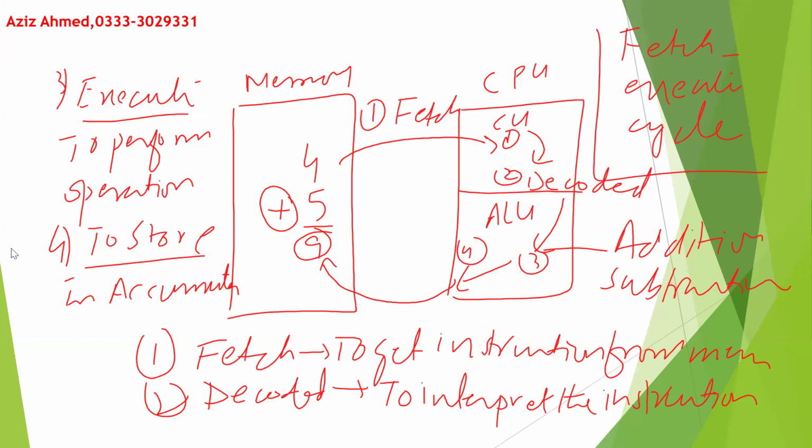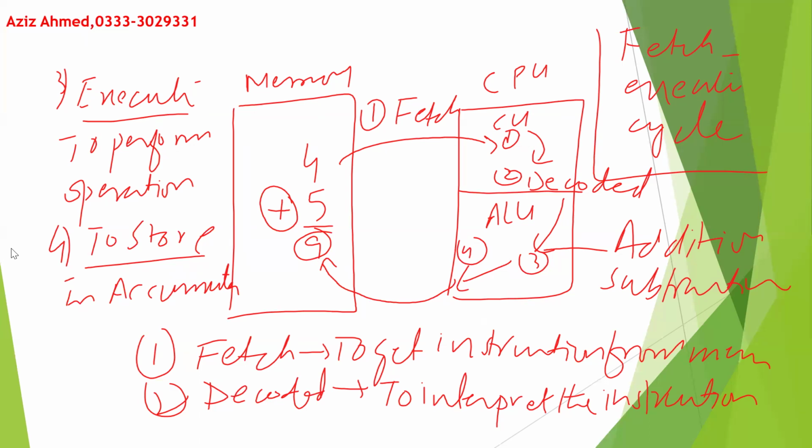Yes. Fetch means getting the instruction from RAM. The instruction given by the user is always stored in the RAM. And the CU part of the CPU will get the instruction from RAM. Then it will interpret or translate the instruction. After translation, it will tell the ALU which kind of operation to perform.